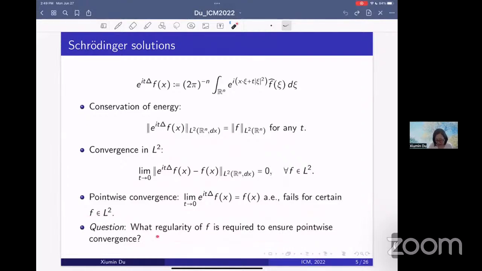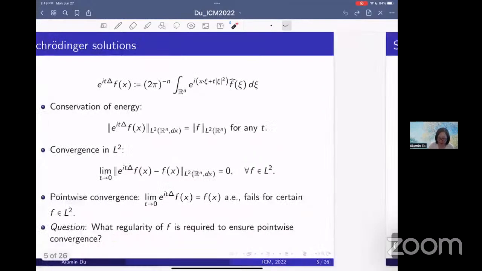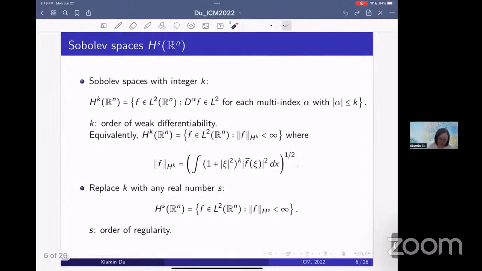And to quantify this regularity, we use Sobolev spaces. Recall that for an integer k, the Sobolev space H^k of R^n is a subspace of L2. It consists of the L2 functions f, such that all these derivatives of f up to order k are also L2 integrable. And this integer k represents the order of weak differentiability. There is an equivalent definition.